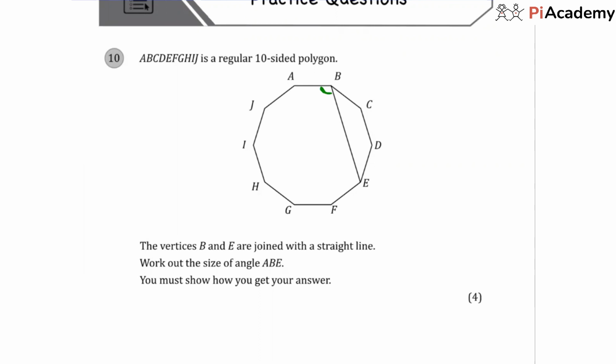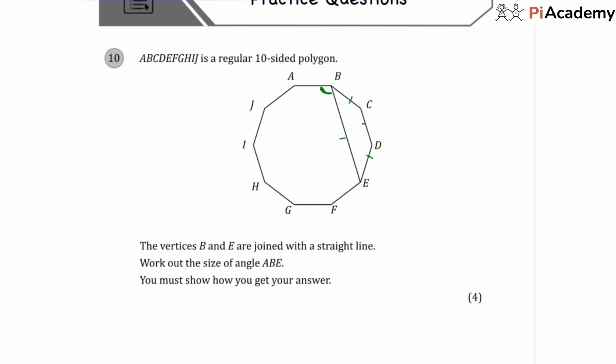Done, sir. Jacob, can you explain to us? The line BE creates a trapezoid, so that's a quadrilateral, 360 degrees, and then the whole decagon itself is 1,440.